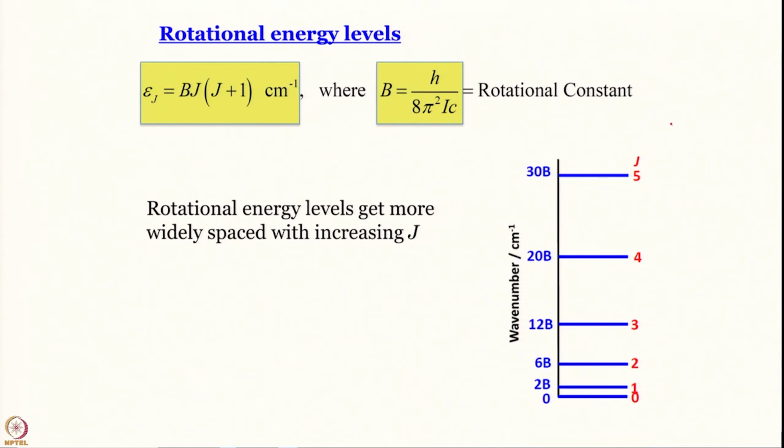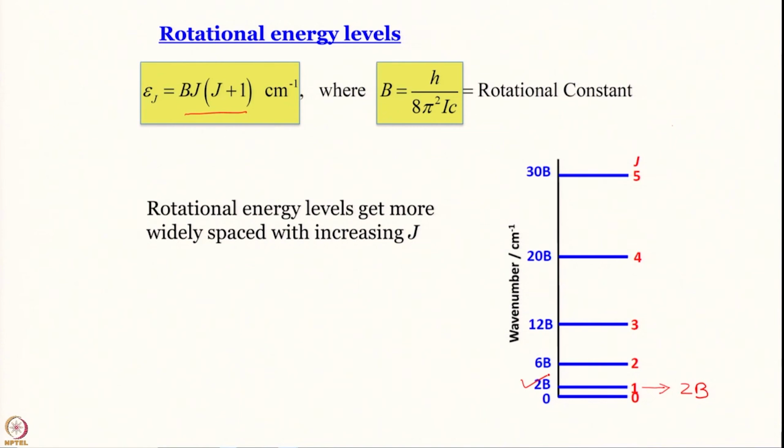maybe we will write like this, these j values are already given here, is it not? What is the energy corresponding to j equal to 1? You can put j equal to 1 here. So, j equal to 1, j plus 1 equal to 2. So, the energy turns out to be 2b, right, 2b.